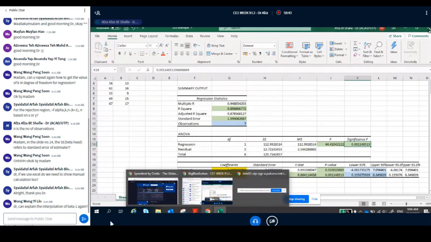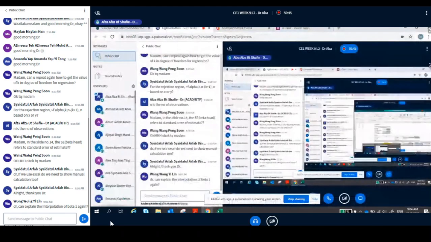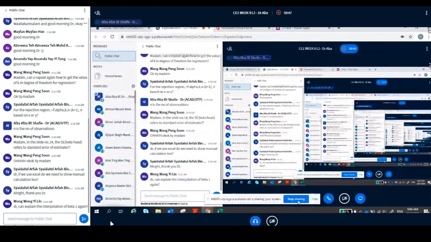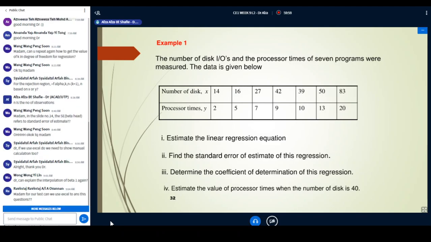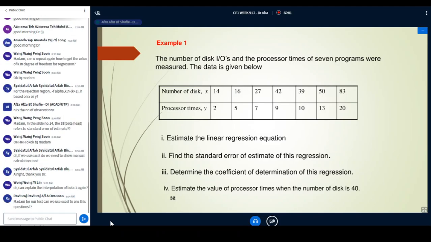So any questions? Interpolation of beta 1. What do you mean by interpolation? I don't understand.